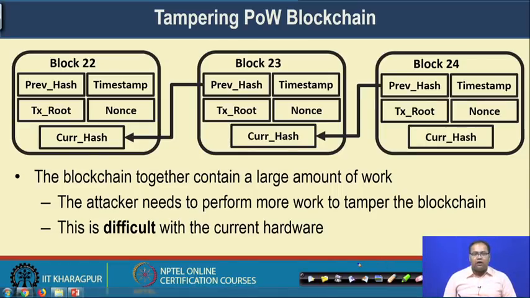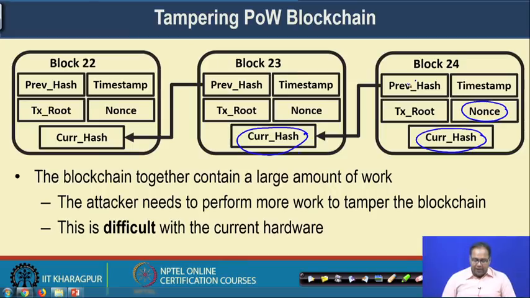In every block, as we have learned till now, every individual node has to find the nonce so that the hash for this block satisfies a certain difficulty, like the minimum number of zeros that should be there in the prefix. The current hash value of one block is included as a part of the next block. These things we have seen earlier.